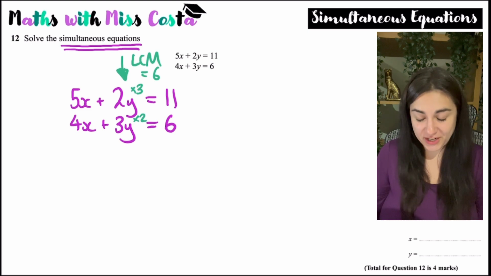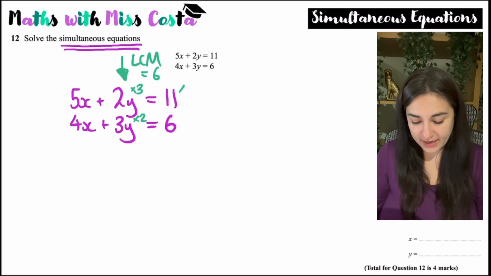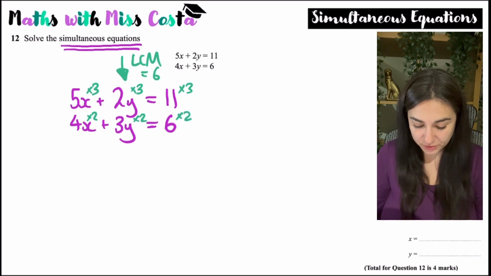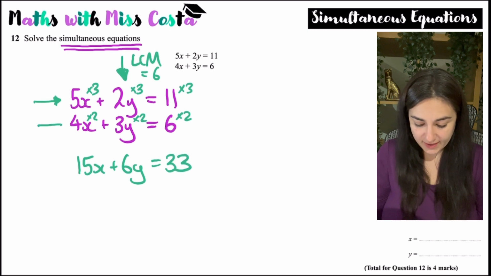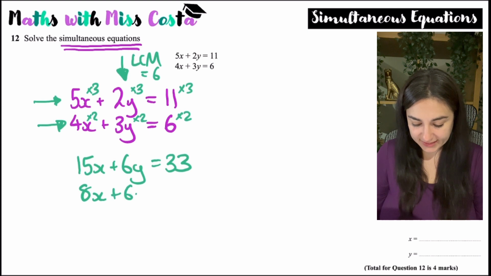Because I'm changing part of my equation, I have to multiply each part by the same amount so that it stays in proportion. So 5x times 3 gives me 15x plus 6y equals 33. And then 4 times 2 is 8x, 3 times 2 is 6y, and 6 times 2 is 12.